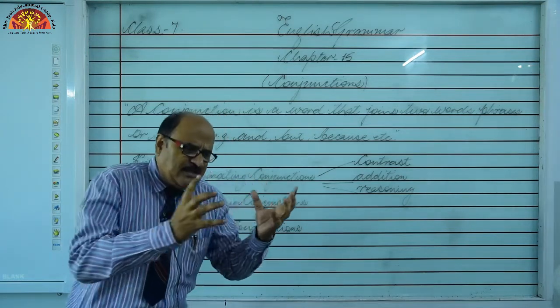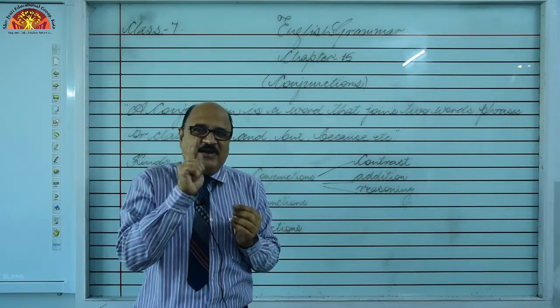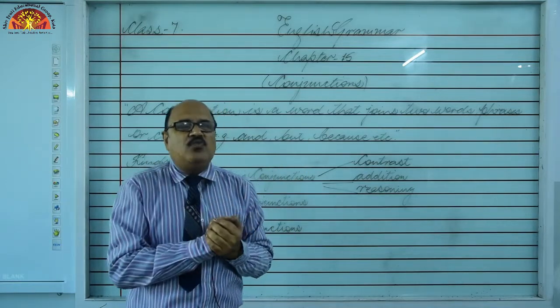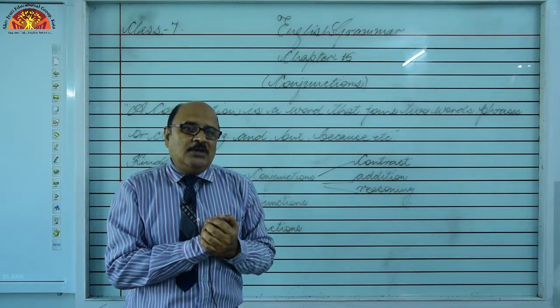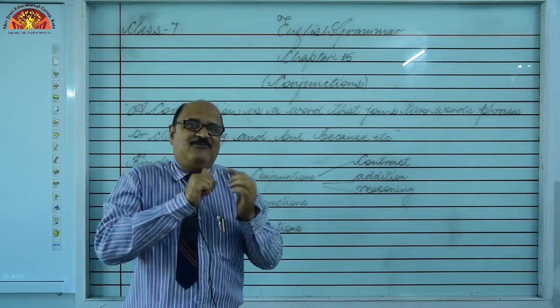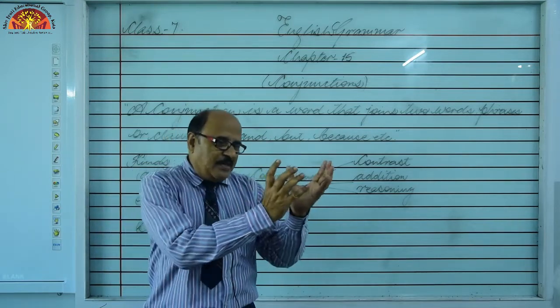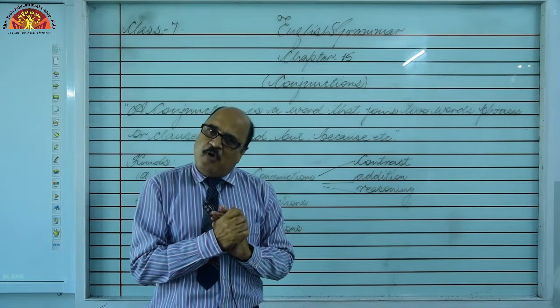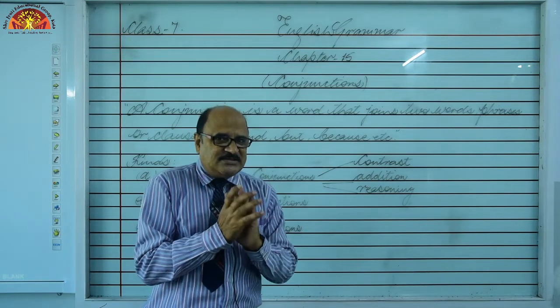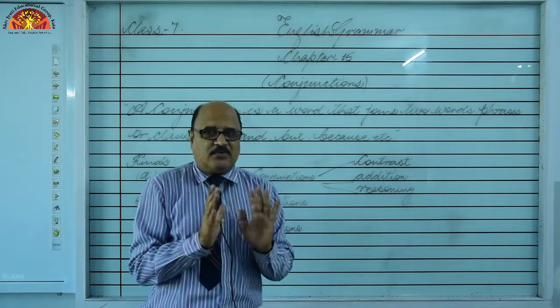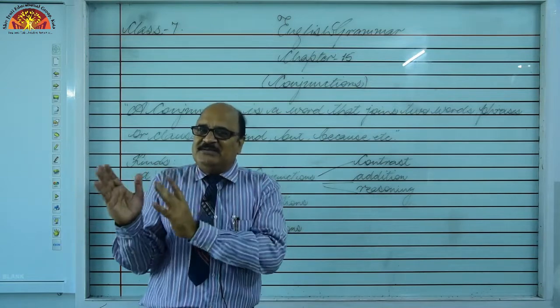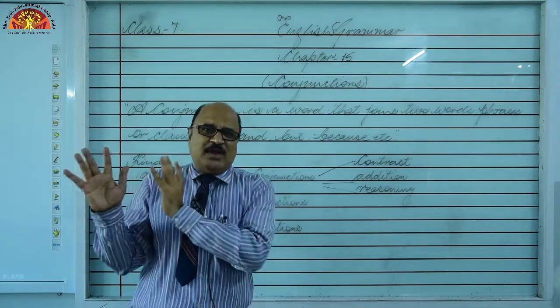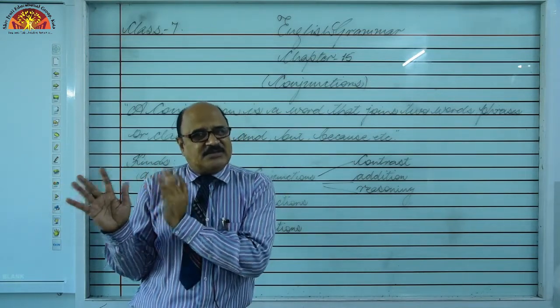Obviously, to connect these two sentences, we will require at least one word, so as to make it meaningful. Ram is a good boy. This is an independent sentence. And Shyam is a good boy. This is also an independent sentence.